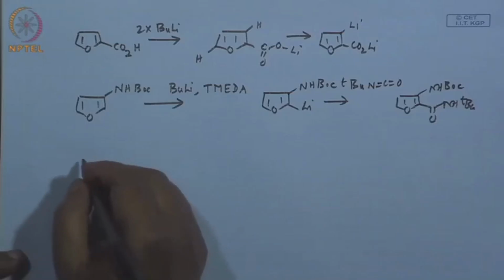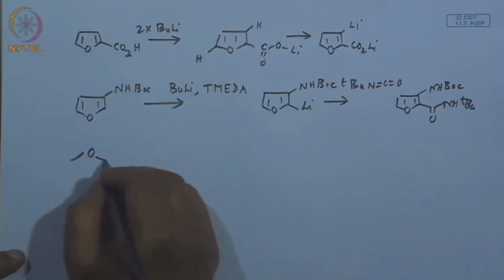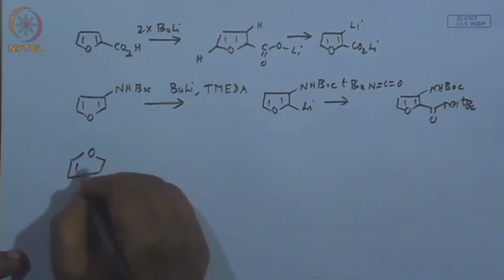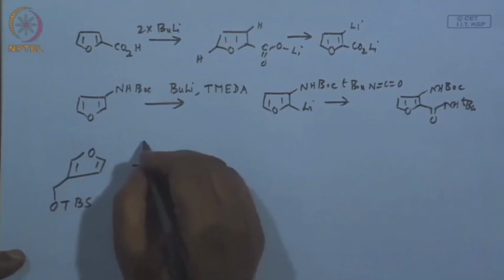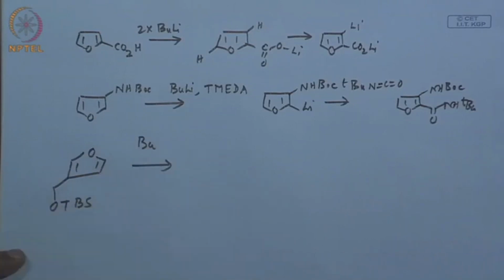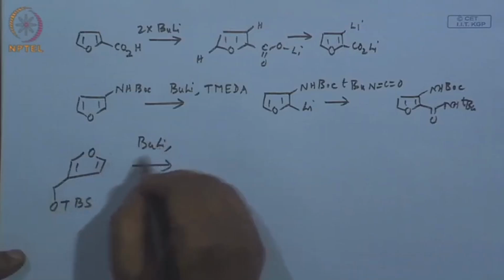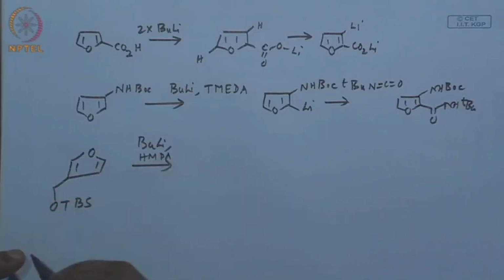The next example, okay, see here is a furan. Now, OTBS, butyl lithium and HMPA, hexamethylphosphoramide. What is expected out of it?